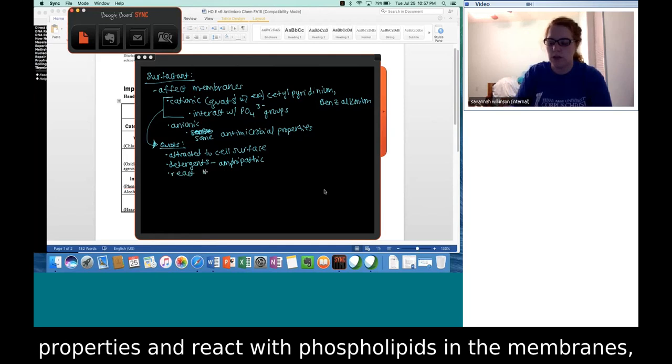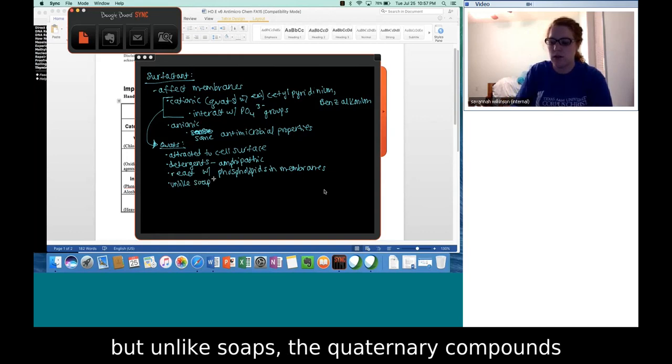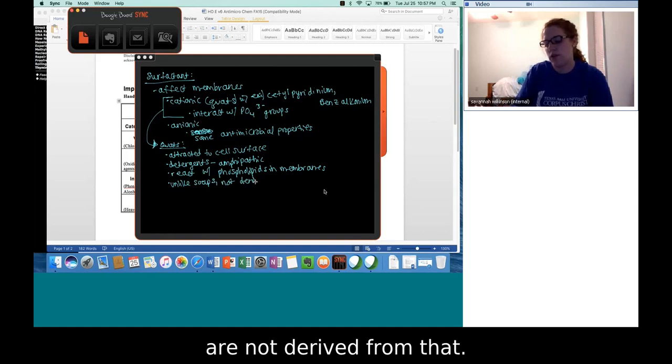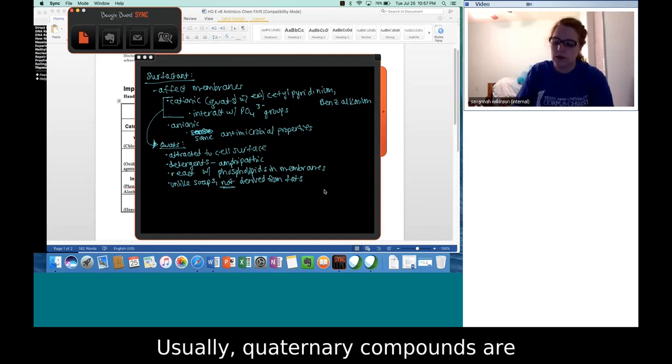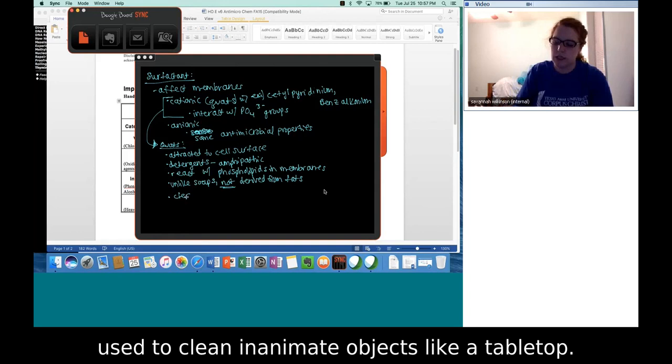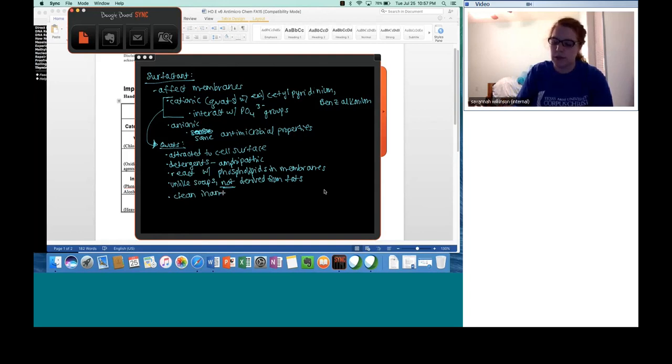They react with the phospholipids in the membranes. But unlike soaps, the quaternary compounds are not derived from fat. Usually quaternary compounds are used to clean inanimate objects, like a tabletop.